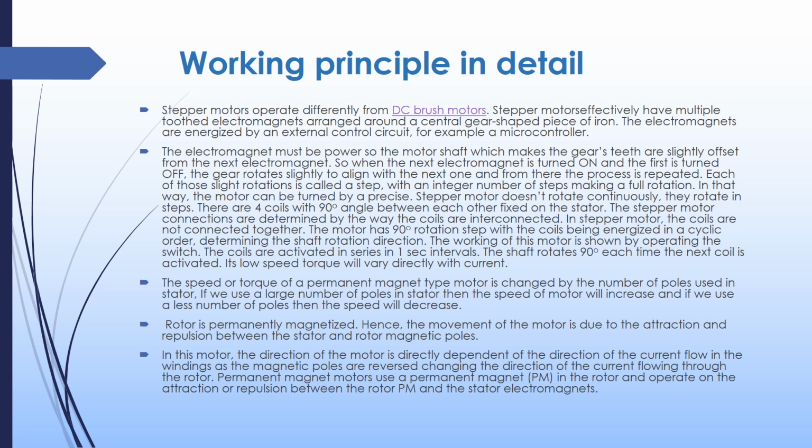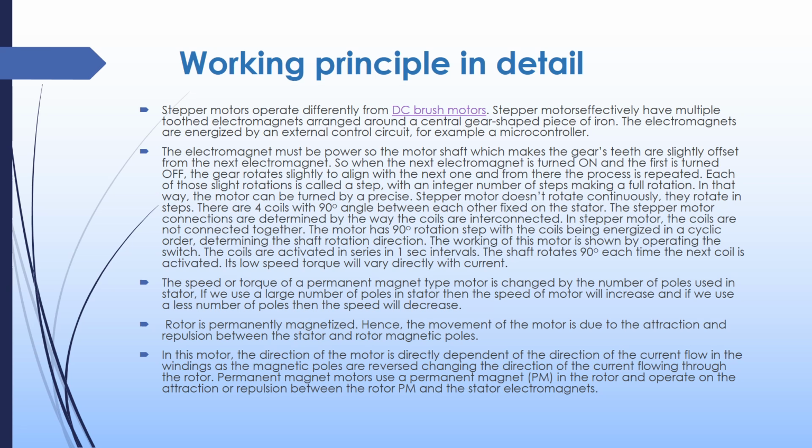The electromagnets must be powered in turn so that the motor shaft turns, and the gear rotates slightly to align with the next one. The process is repeated. Each slight rotation is called a step. In that way, the motor can turn by a precise amount.